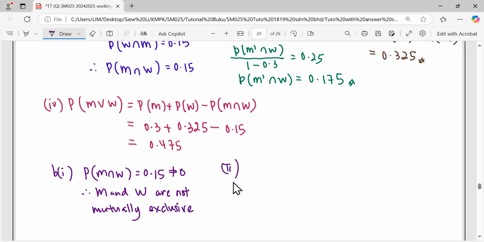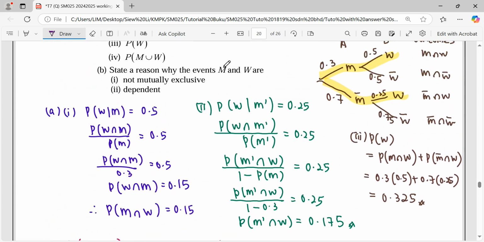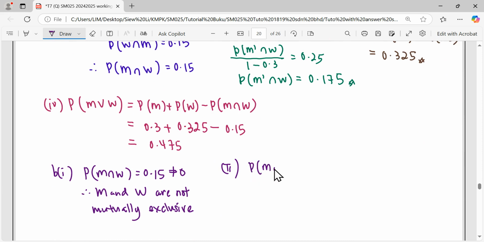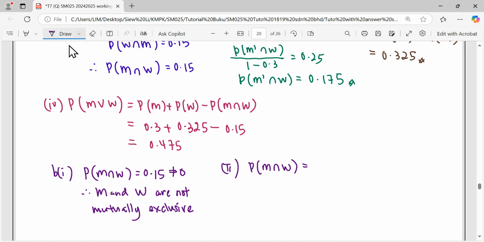Question number 2 is to state the reason why M and W are dependent. When the probability of M intersect W equals the probability of M times the probability of W, the events are independent. When it is not independent, it means dependent, so it will be not equal. The intersect here is 0.15.